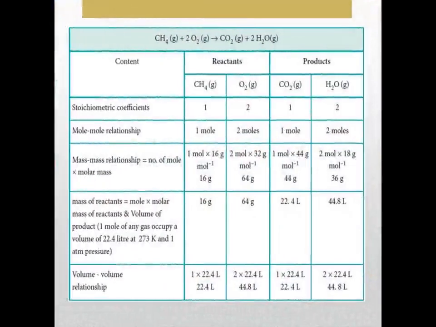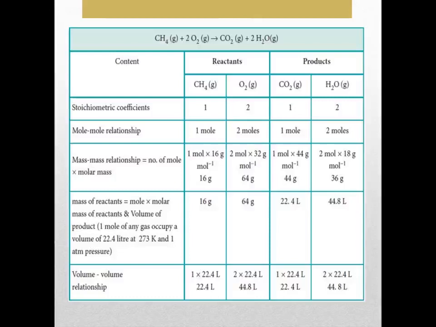Now see here, I will explain you, okay. Take your book, page number 14, okay. CH4, it is in a gaseous form, plus 2O2 oxygen, it is also in gaseous form, gives CO2 gaseous form plus 2H2O gaseous form, okay. Now the reactants and products, okay.